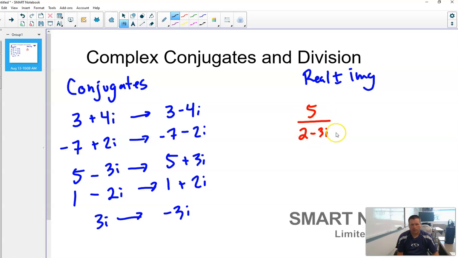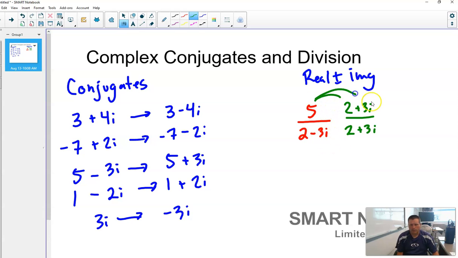How I'm going to do this with division is I'm going to times both the numerator and the denominator by the denominator's conjugate. So the denominator's conjugate is going to be 2 plus 3i. I'm going to times both the numerator and the denominator by that complex conjugate. So I have to use multiplication with this. Look at what happens when I do that.